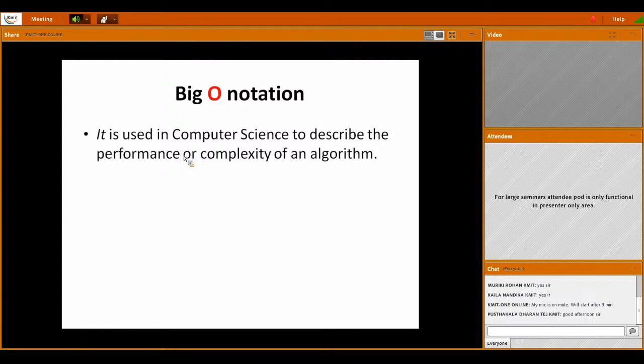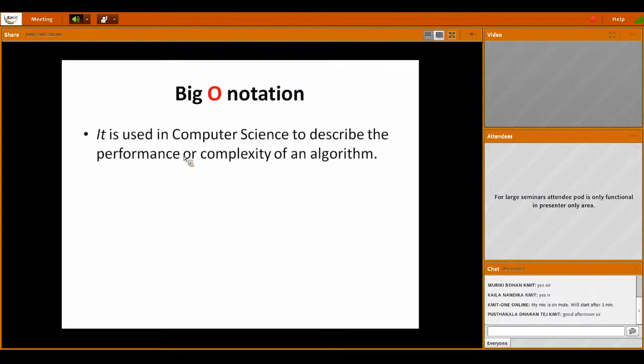Big O notation is used in computer science to describe the performance or complexity of an algorithm. The primary thing is your thinking. What I'm talking about is the algorithm. Algorithm is the most basic. Whether you learn Pascal, C, C++, Java, PHP or whatever language may be prevalent when you join the company, the first and foremost step is the algorithm.